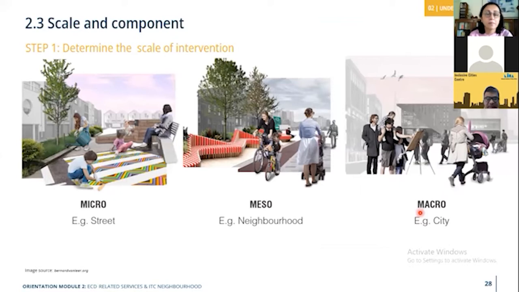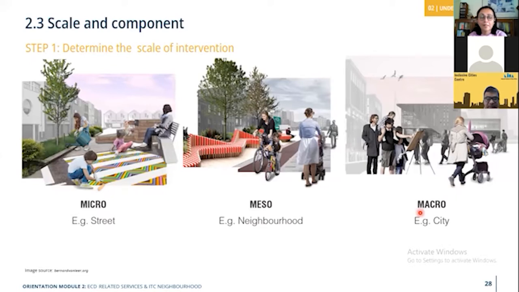The first step, if you want to apply any guideline, is to determine the scale of intervention. Guidelines can be at the very large level of a city, where some policy-level interventions are required. Next, you can have more elaborate and more permanent interventions at the neighborhood level.